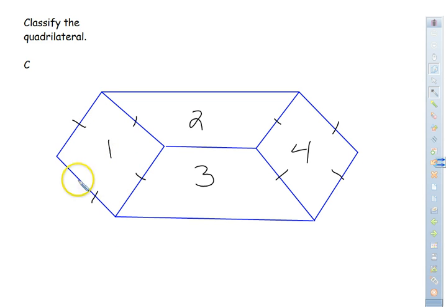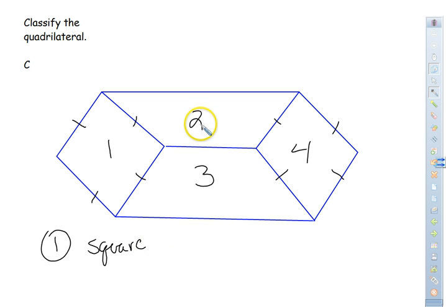Alright, for this particular one, we're going to name quadrilateral 1 a square. And if we look at these angles, they are 90 degrees. They appear that way. So therefore, it would be a square.